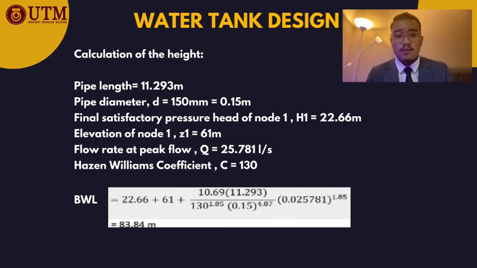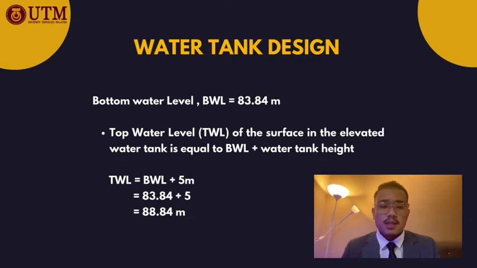The bottom water level is 83.84 meter. Here is the calculation to get the top water level. The top water level of the surface in the elevated water tank is equal to the bottom water level plus the water tank height. The top water level is 83.84 plus 5, which equals 88.84 meter.